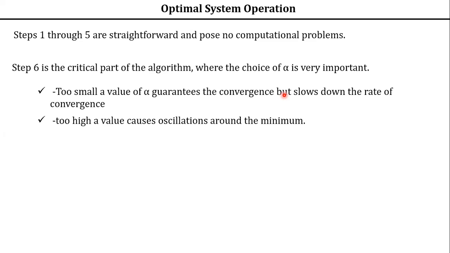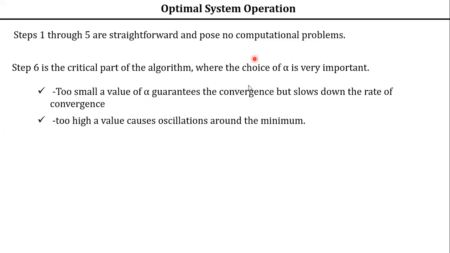So oscillations may occur around your destination. However, you will reach your destination. So selecting a small value of alpha or a high value of alpha also leads to a problem. We have to select this alpha appropriately.